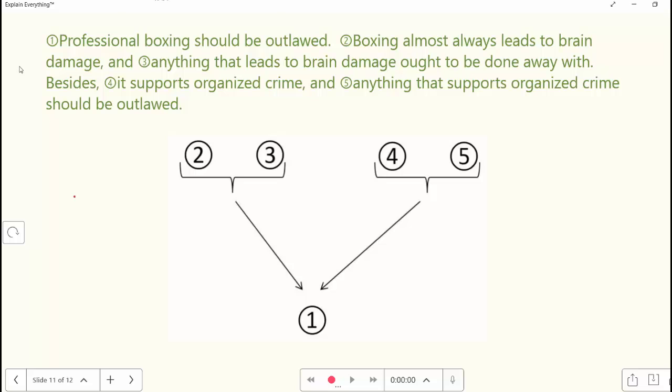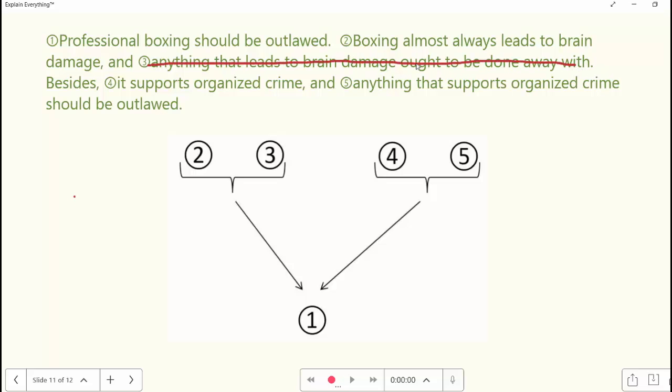But notice that if we take away 2, and all we know is anything that leads to brain damage ought to be done away with, we don't have enough information to suggest that we should get rid of boxing, that boxing should be outlawed. It's only until we know that it's the kind of thing that does lead to brain damage. Same if we leave 2 but got rid of 3.